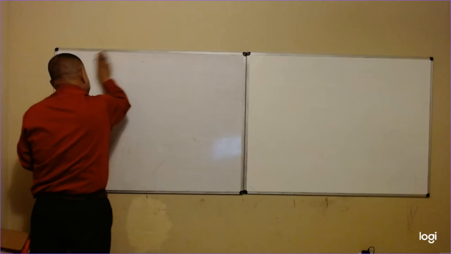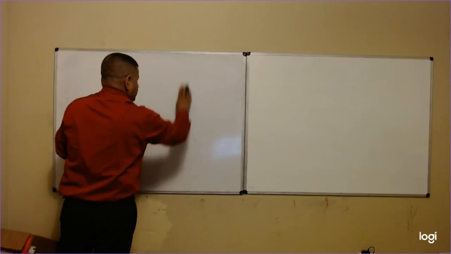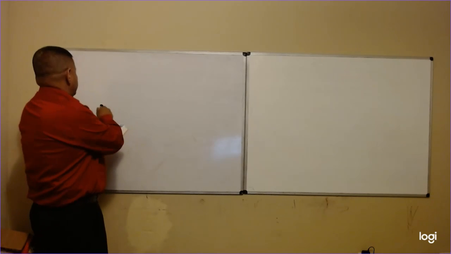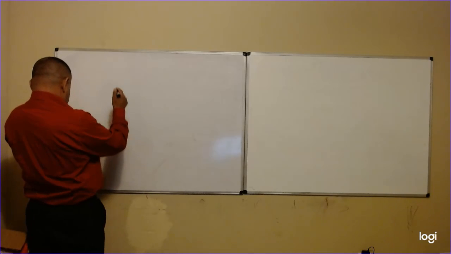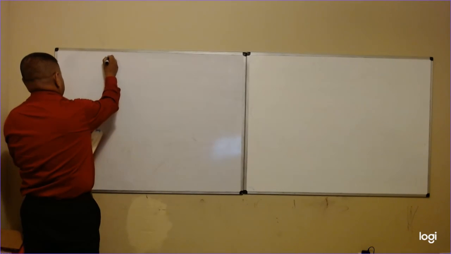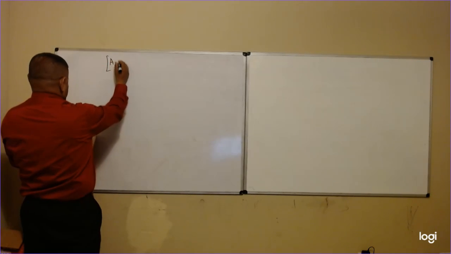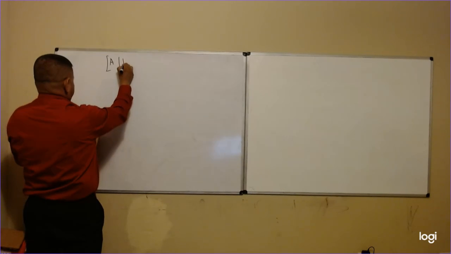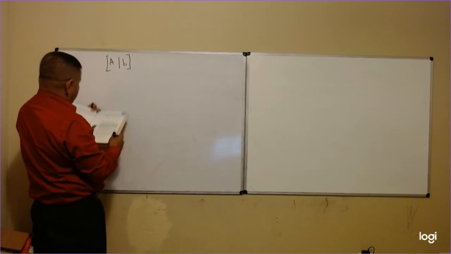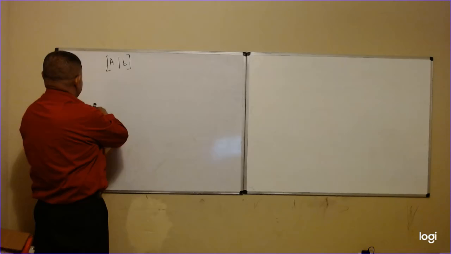So let's say that we have a form like this, A, then we have a bar, and then here we have B, and that is equal to, for example, something.